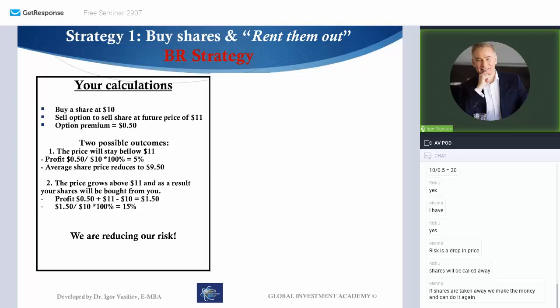So the question is, how can we reduce that specific risk? How can we reduce the risk of the share dropping down? Because we made 50 cents, but the share price might lose $2. Please put pluses if you understand that specific risk, which exists here. And that's where a lot of option traders make mistakes and lose money.